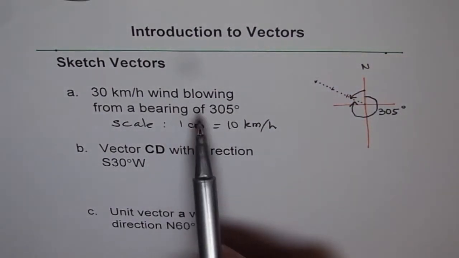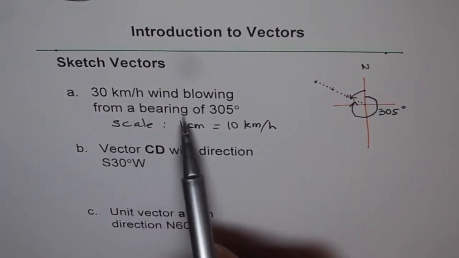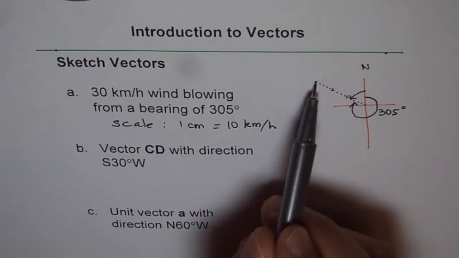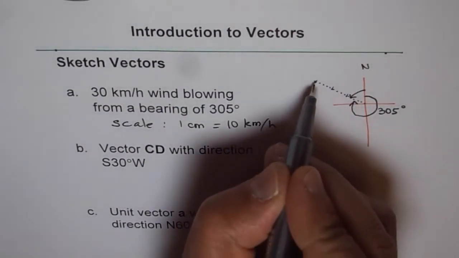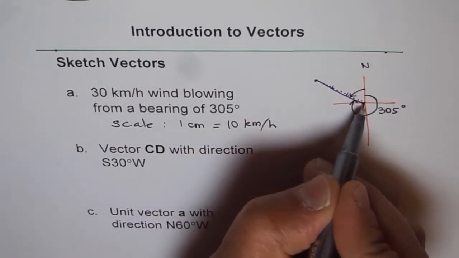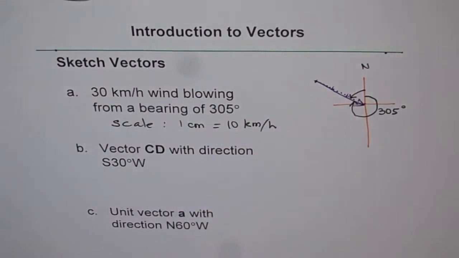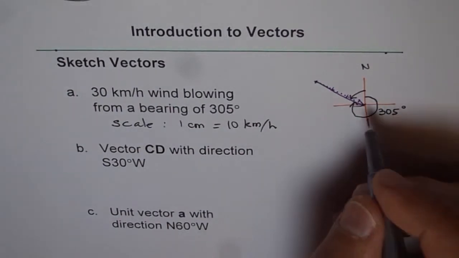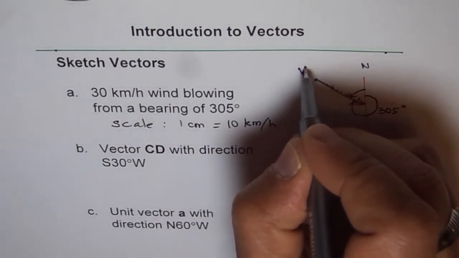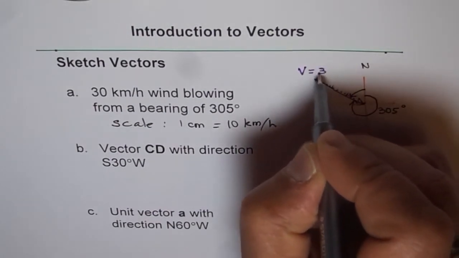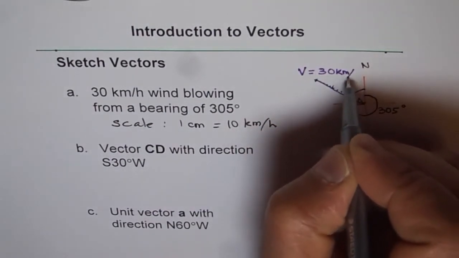So since the wind is blowing from a bearing of this, the direction will be inwards. Remember that, right? So we can draw this like this. We can just connect this to the origin and say this is our vector, the wind velocity, that means V, equals 30 kilometers per hour, right?